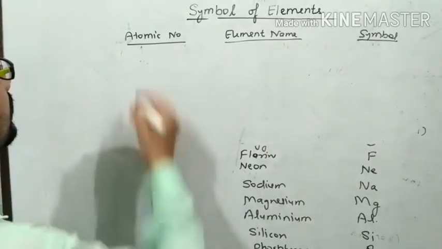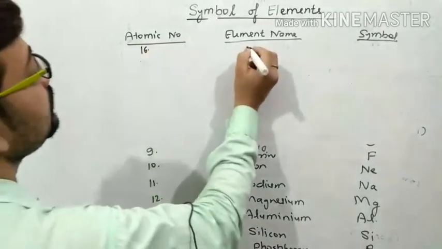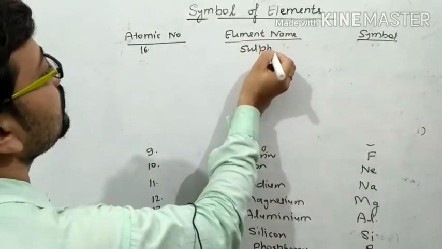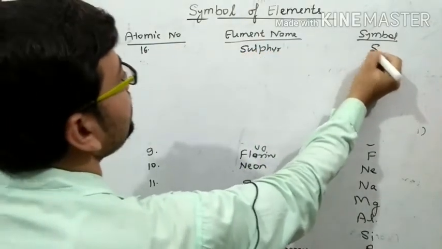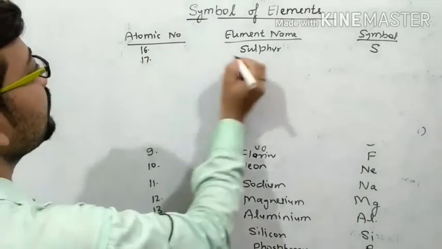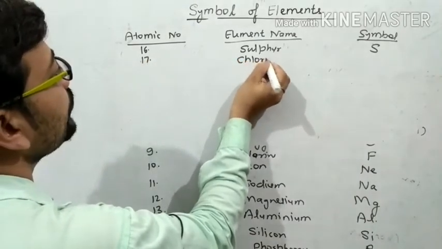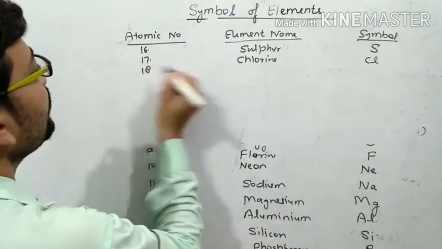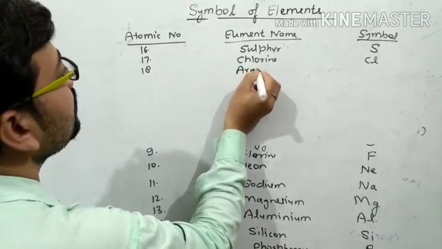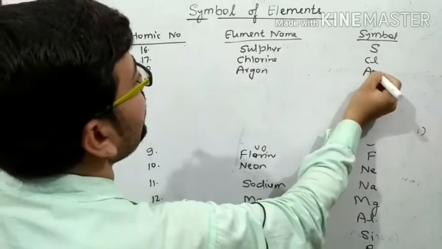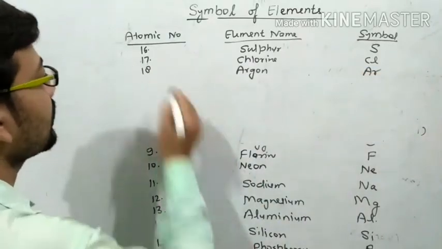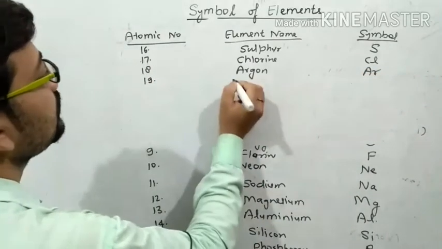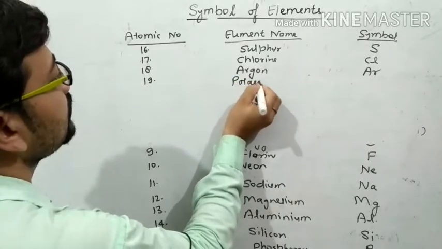Then 16, sulfur, that is S. 17, that is chlorine, Cl. 18, argon, that is Ar. 19, potassium.